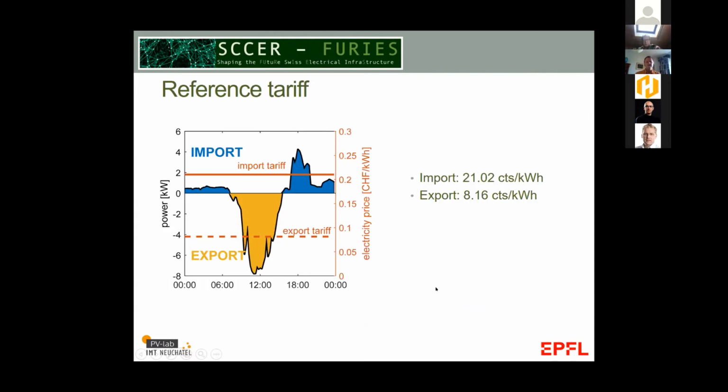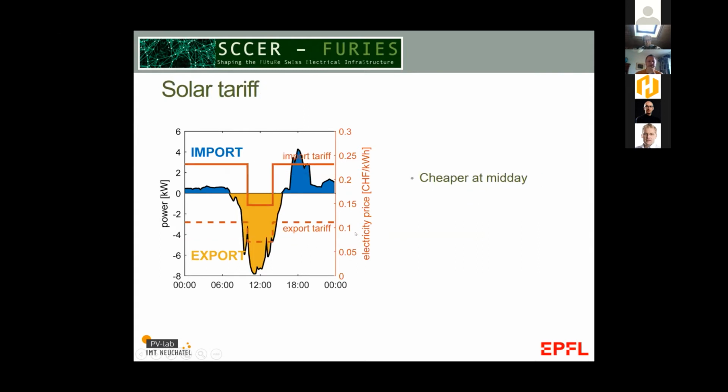So the tariffs that we used, the first one was, of course, the reference flat tariff, with an import tariff and an export tariff for the excess PV energy. And this tariff was compared to a solar tariff, which was designed to be cheaper at midday when we have sun.